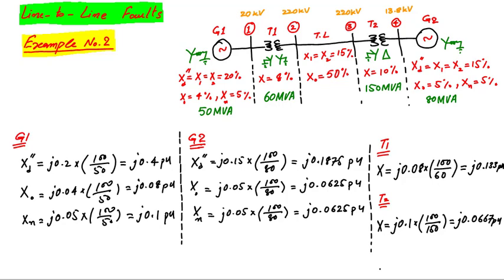Next, we are going to develop the 3 sequence networks for this single line diagram of the network, starting from the positive sequence.